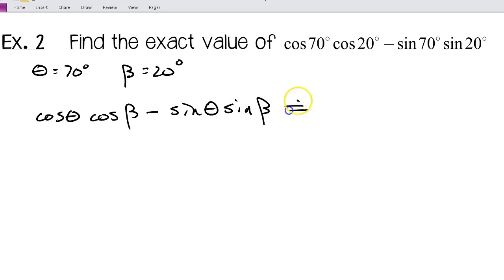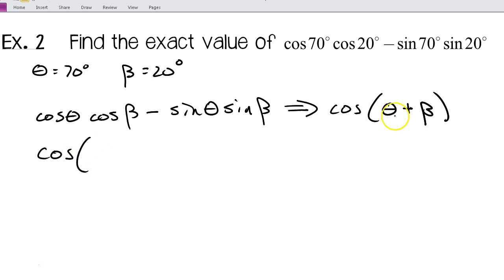Looking back at my sum and difference formulas, this matches the cosine of theta plus beta. In this problem we're going backwards: instead of expanding the formula, I know what theta and beta are.